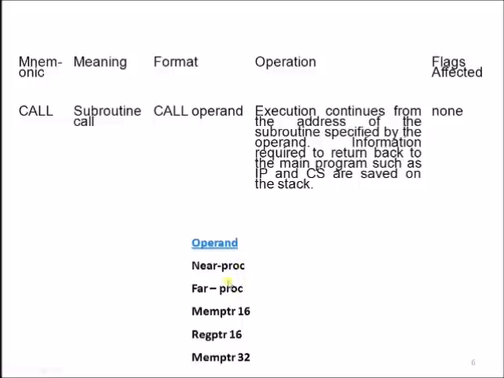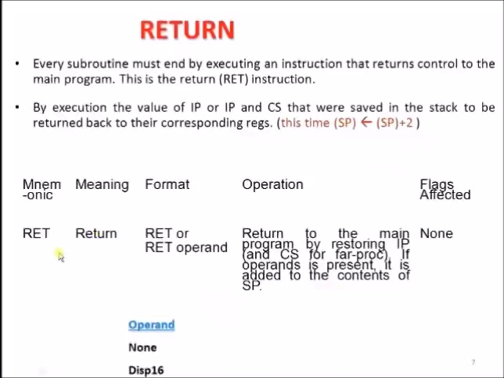Intra segment is a near proc, inter segment is a far proc, and then a memory pointer, that is a 16-bit address, a register pointer, which is again a 16-bit address, and a memory pointer with a 32-bit address. Now RET is mainly used for transferring the control from the function or subroutine to the main program. Here the operand might be none, so directly we can write RET, or else we can also specify a 16-bit displacement.